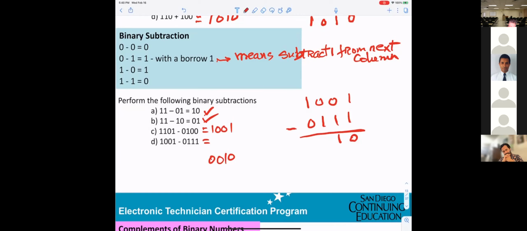So you put a 1 in here and you have to subtract it. So 0 minus 1 is 1, but still subtract 1. 1 minus 1, 0, and still subtract 1. 1 minus 1 is 0, 0 minus 0 will be 0. Okay, so the answer will be 0, 0, 1, 0.